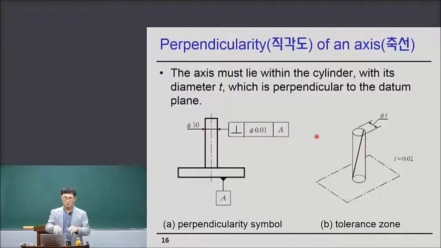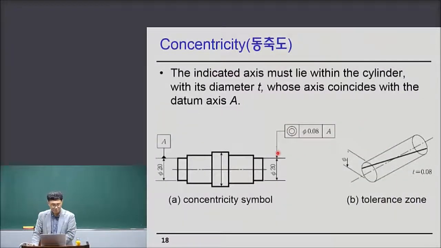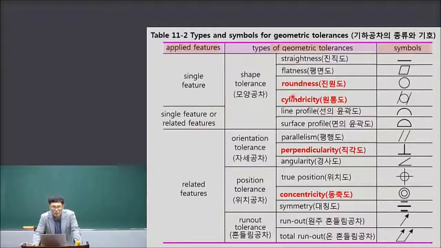It is defined by the millimeter unit, right? So please make it clear, very clear. I explained to you the four geometric tolerances.